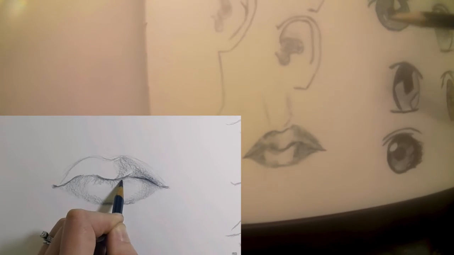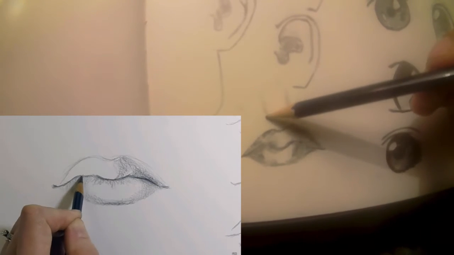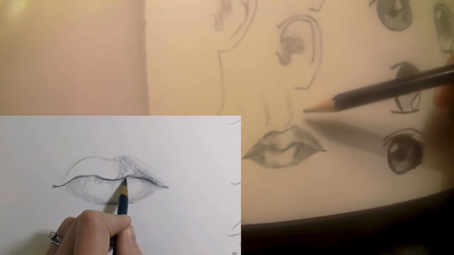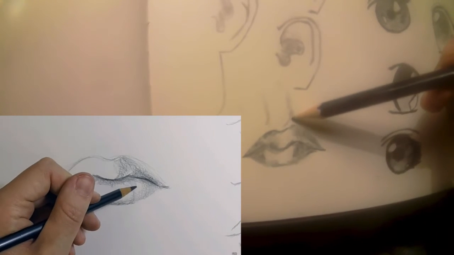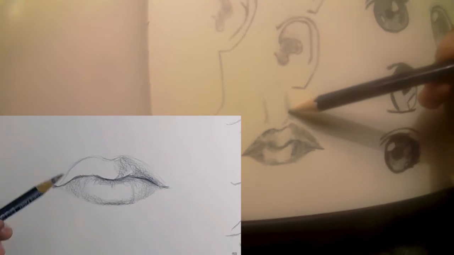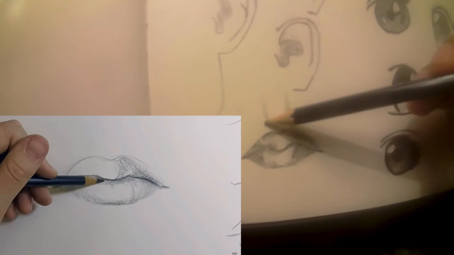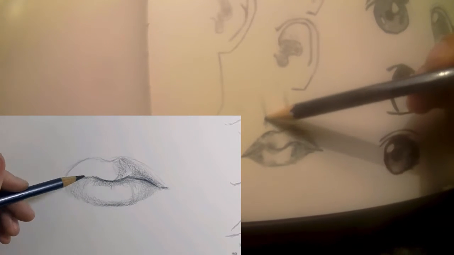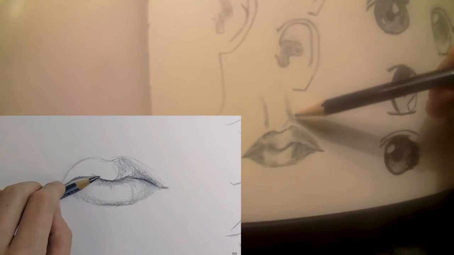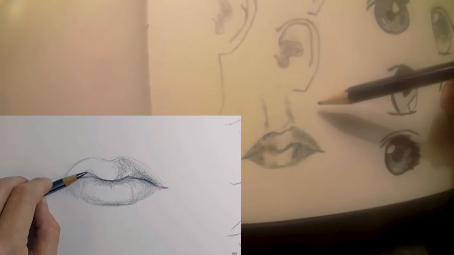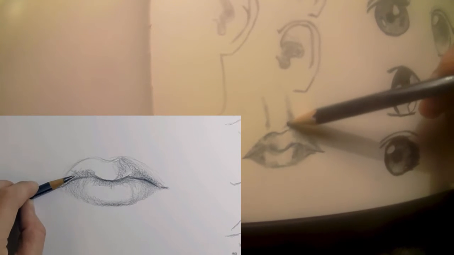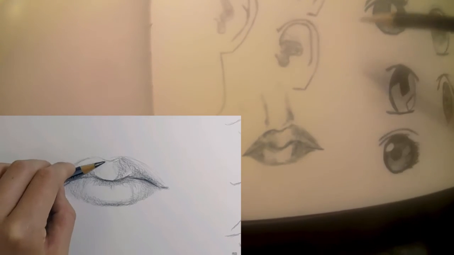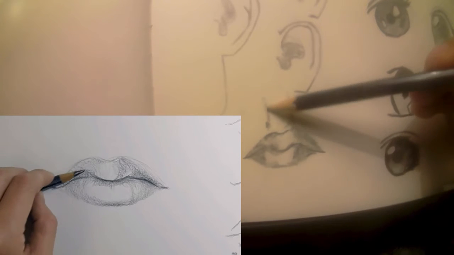Then usually along the sides of your upper lip, it's going to be more in shadow than anywhere else because it's overhanging over the mouth. Think about which areas stick out farther. The areas that stick out farther are going to be highlighted, so they'll be brighter.